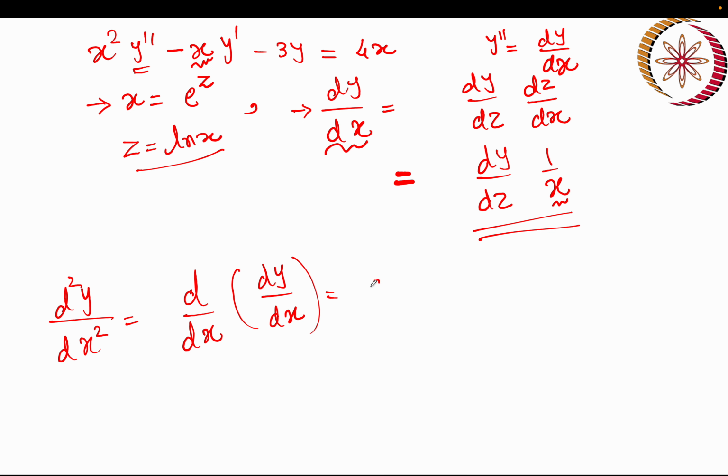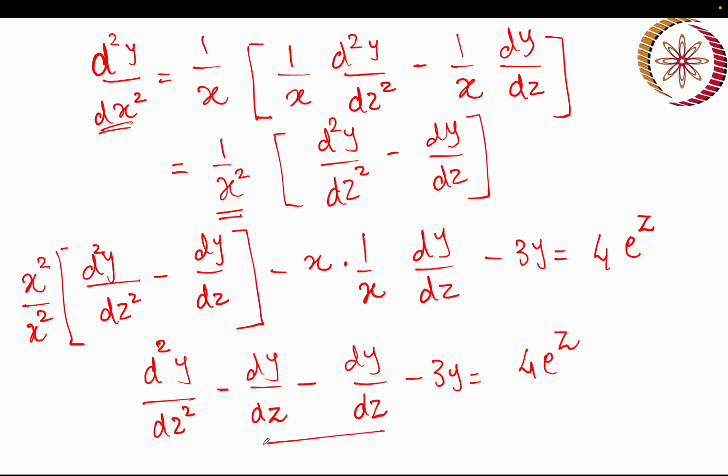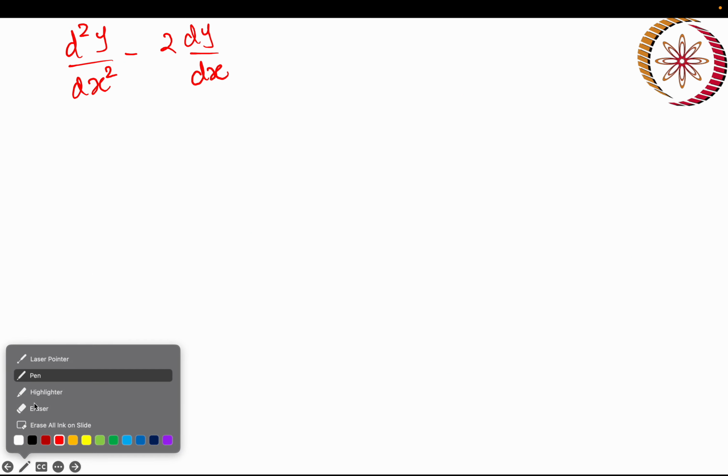So d square y by dz square minus 2 dy by dz, oh sorry, there is no x, now we are in z. Minus 2 dy by dz, minus 3y, is equal to 4 e raised to z.